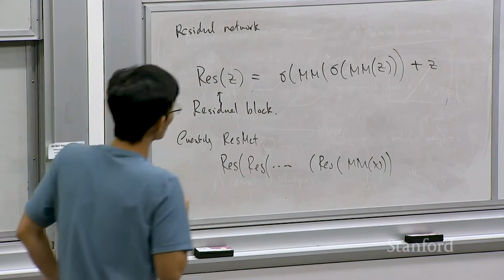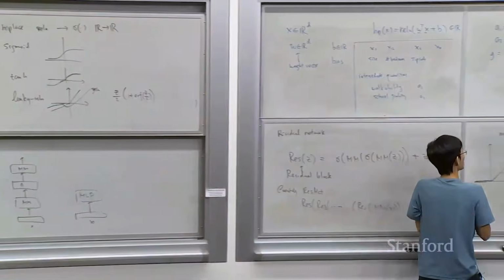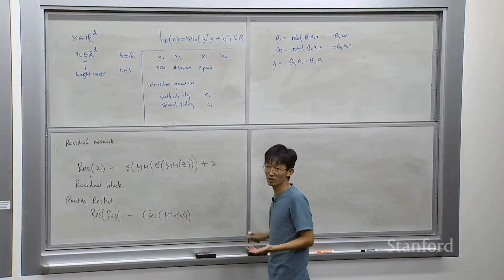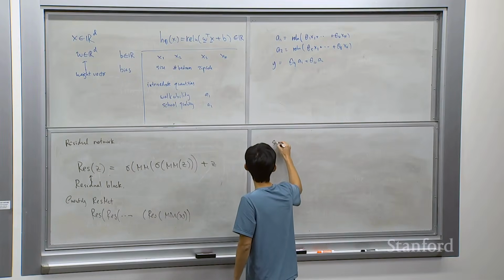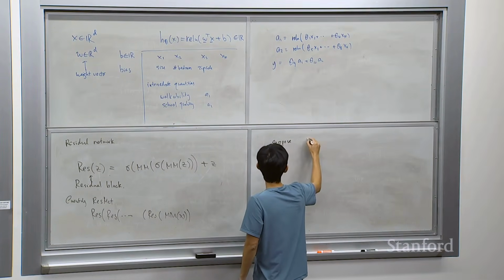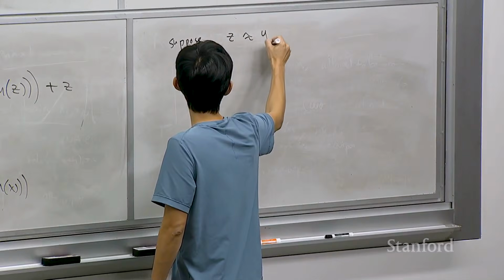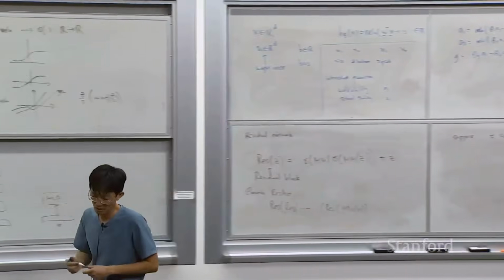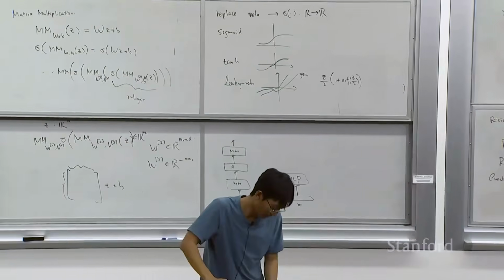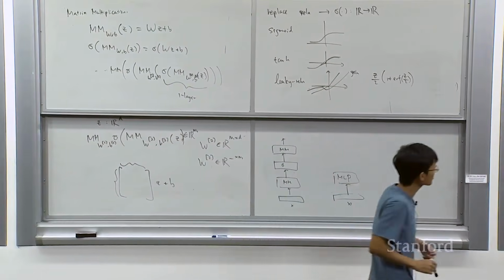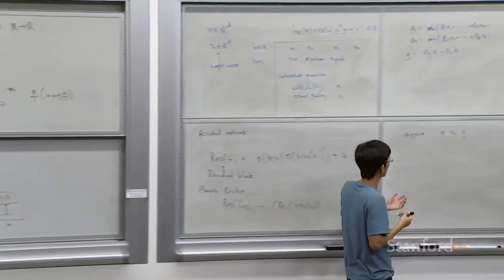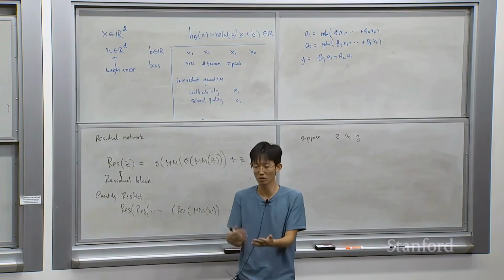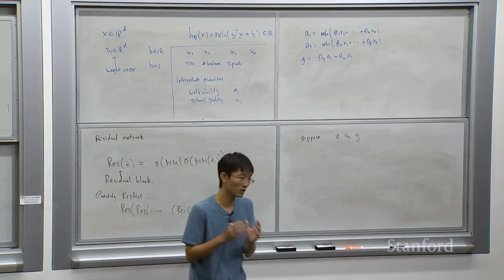The original motivation was this. Suppose you believe that at some point you are already getting close to your labels, so Z is already approximately equal to Y, let's say. Y is your target, and Z is your intermediate variable in some intermediate layer. Then you should probably model the differences explicitly, because you're already close. You should use the networks to model only the differences.